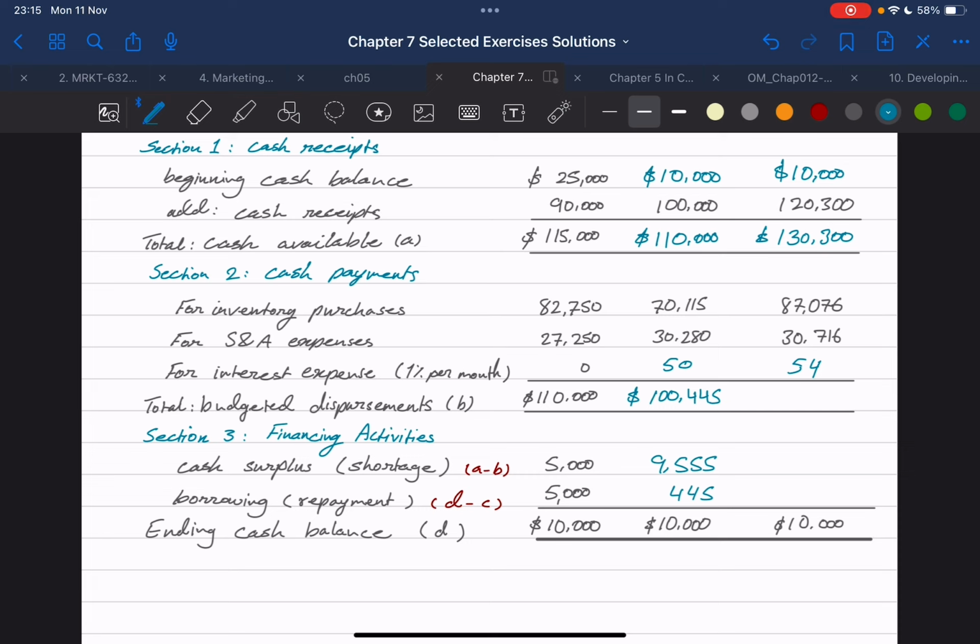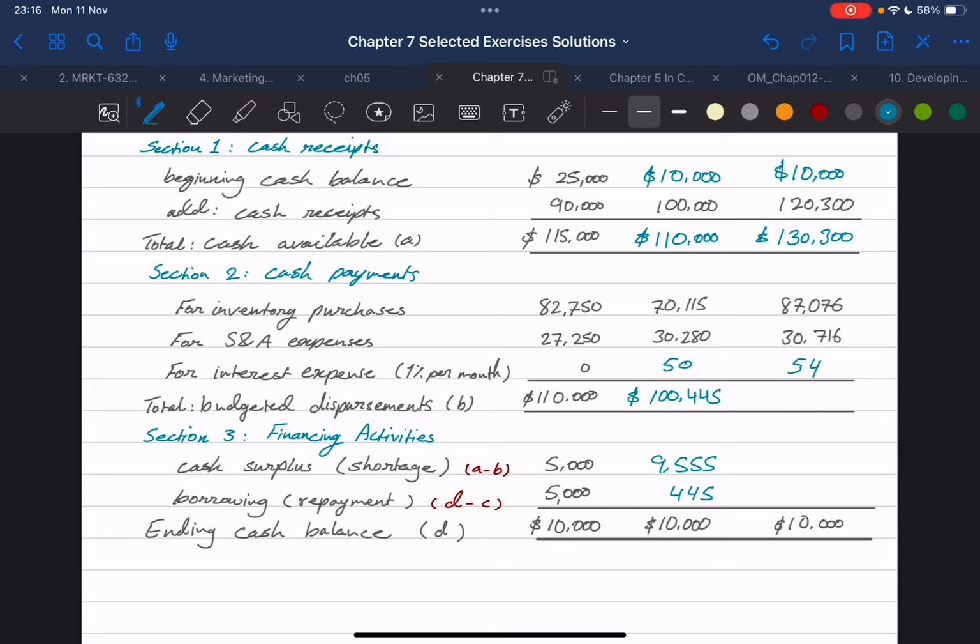If you round up to 55, it's not a big problem. All of these numbers are budgeted anyways, and it's just designed to give the business owner a better understanding of the cash forecasted for that specific quarter and how much they might need to borrow and so on. Okay, but the nearest dollar here is 54, so we're going to round down to 54.